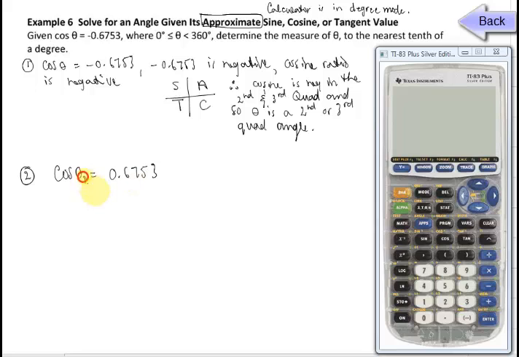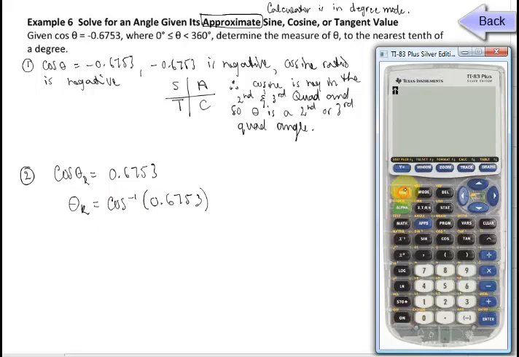So cos theta subscript r will be 0.6753. So theta subscript r is going to be cos negative 1 of 0.6753. Okay, so recall that when you're looking for an angle measurement, you want the inverse of cosine. Okay, so we're going to put that into our calculator.